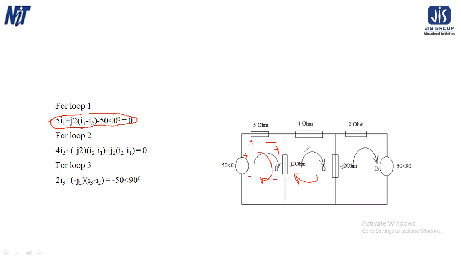Then the second loop equation. The current flows plus to minus, and this is also plus to minus, so no voltage source is there.